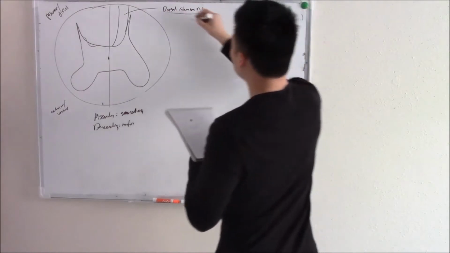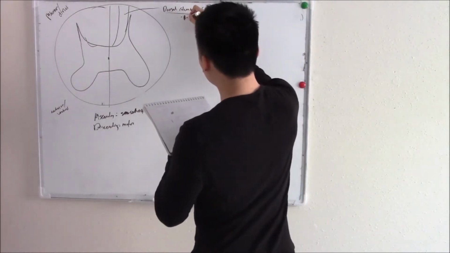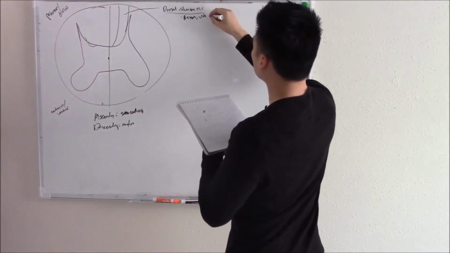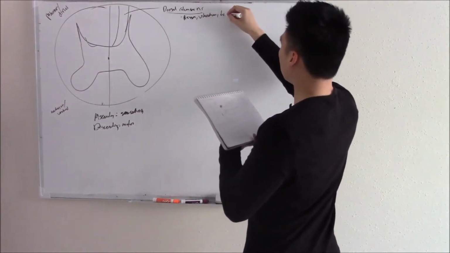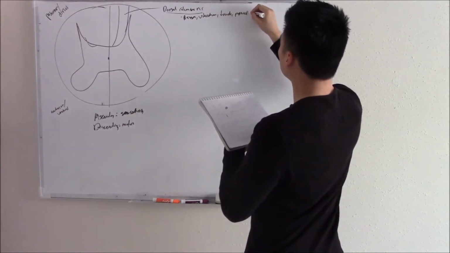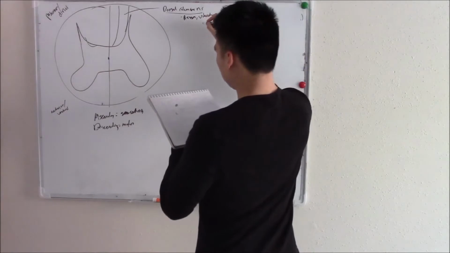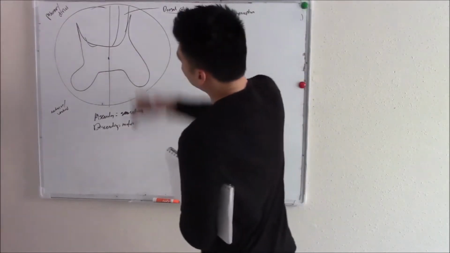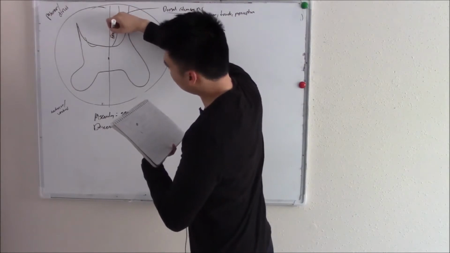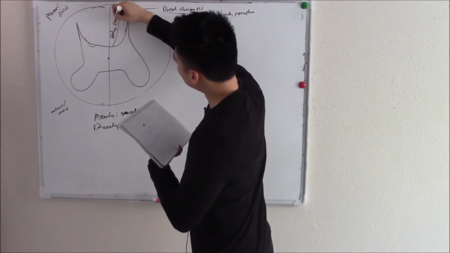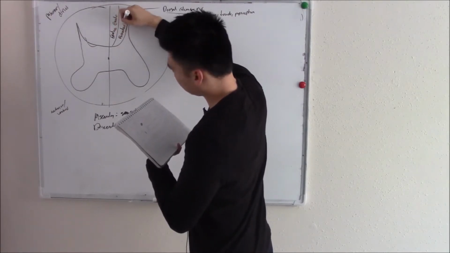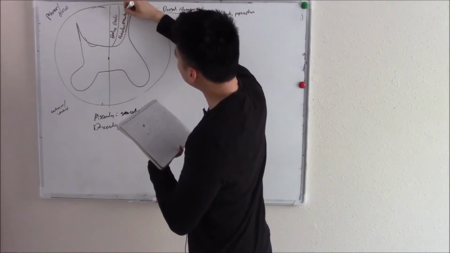Your dorsal columns deal with sensation like pressure, vibration, touch, proprioception, and you can break it up into the fasciculus gracilis and the fasciculus cuneatus.